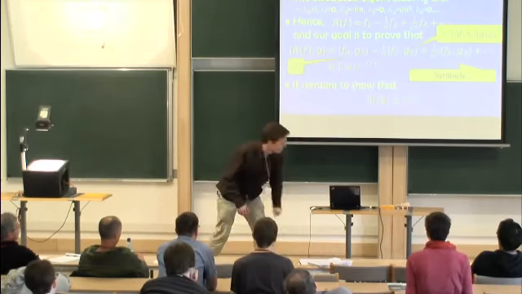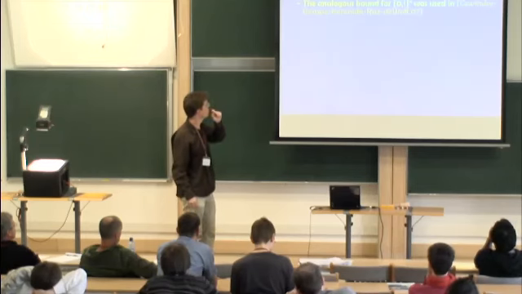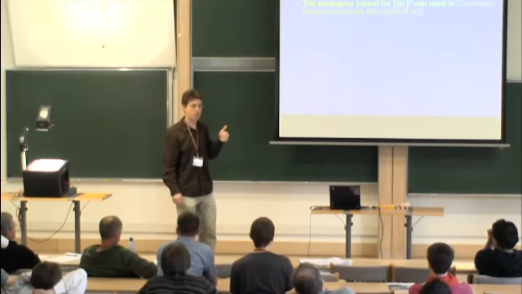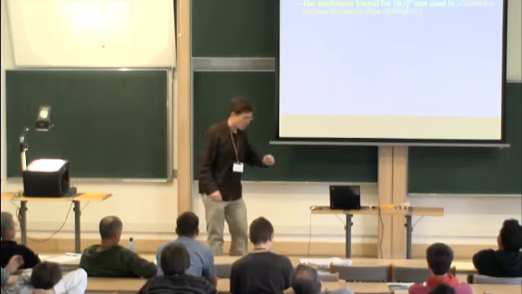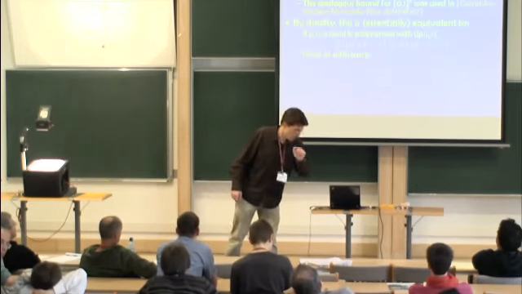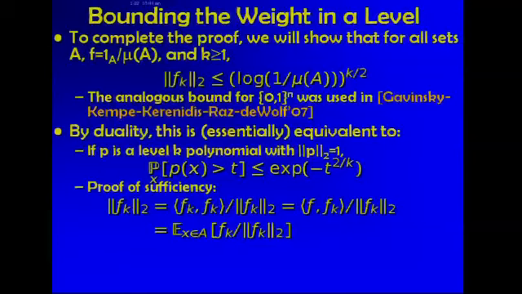So what we want to do is prove this. We want to bound the mass in a certain level of an indicator function. Even though we don't really have to, let's for convenience switch by duality to the following formulation. Instead of talking about the mass a function has in a level, let's talk about the tails of polynomials of a certain degree. This is essentially equivalent by duality.